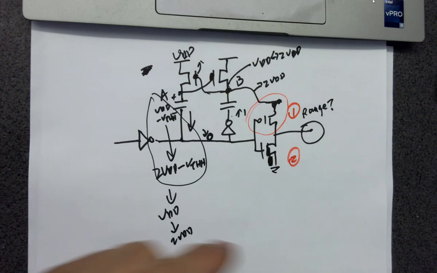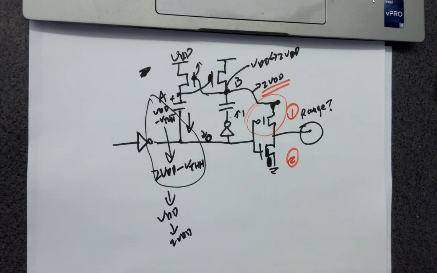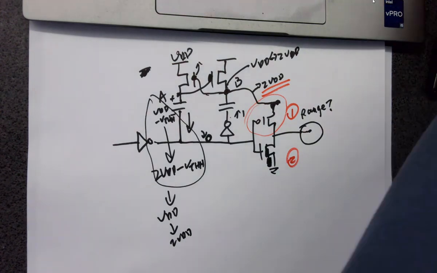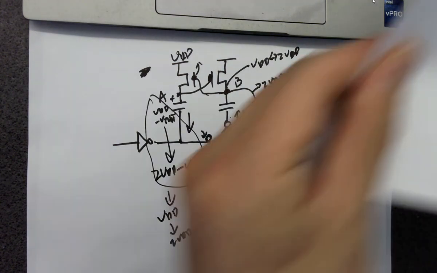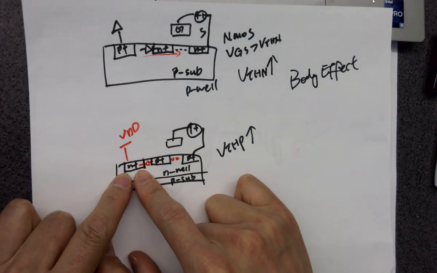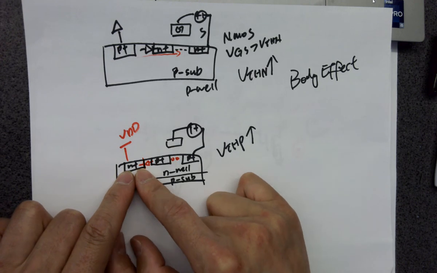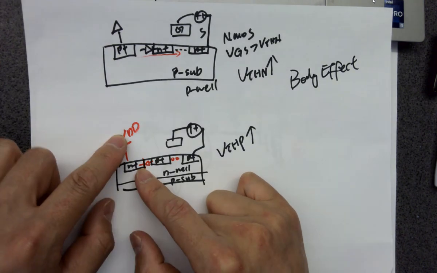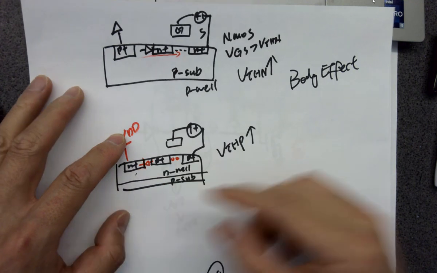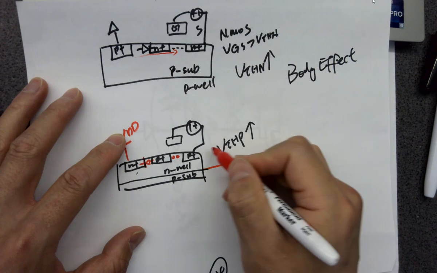Why? Because this point can reach 2 VDD, and that's going to be a problem. For the rest of the circuit, you have a lot of PMOSes. For all the rest of the PMOSes, the N plus or the N well is shorted to VDD. And then you've got another PMOS.